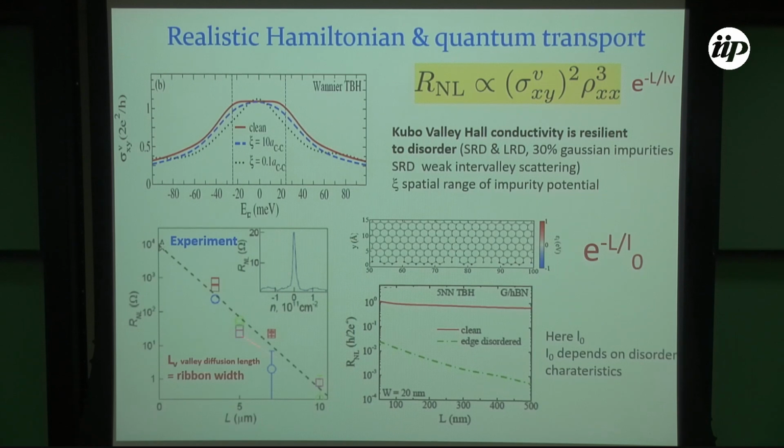So indeed, as in the experiment, if our channel length is increasing, then in our simulation the non-local signal will decay as soon as we have some disorder at the edges. Whereas if the system is super clean, then the signal will be maintained for very long. So we find an origin of the loss of the information.